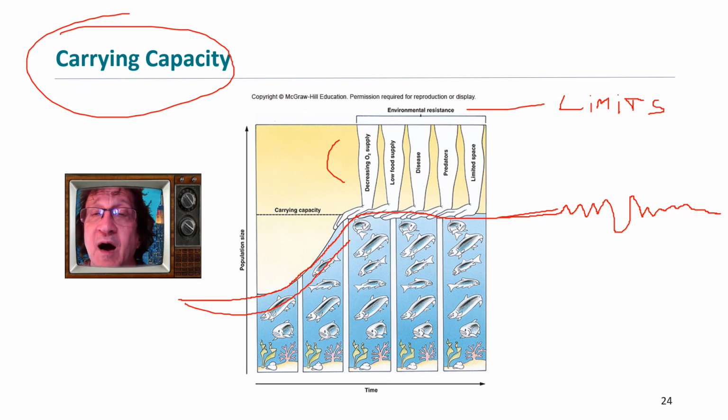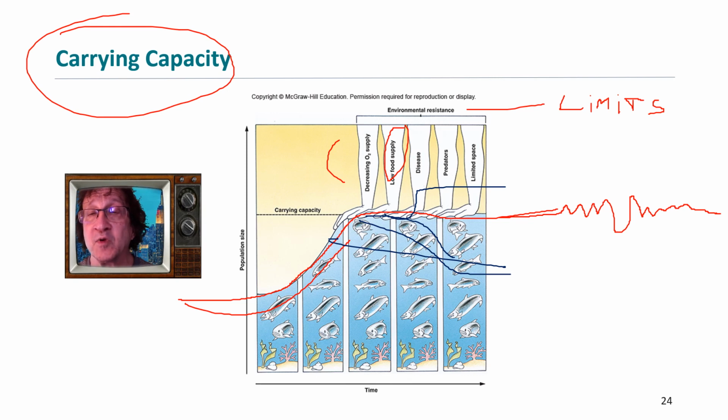Gosh. Food supply. You decrease the food supply, the carrying capacity drops and could even decline. Disease can take a population from here to down there. Predators: you increase the predators, you decrease the predators. So any of these hands, if you release them, a population can jump up.